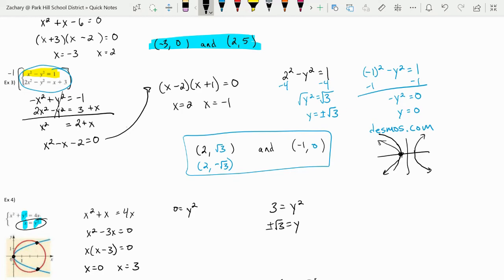And so they hit at that point. I can't remember which one's inside and which one's outside, but it looks something like this, where they hit right there. But go to desmos.com and graph that. That's a rough sketch of the graph, but that's how you get these 3 solutions.